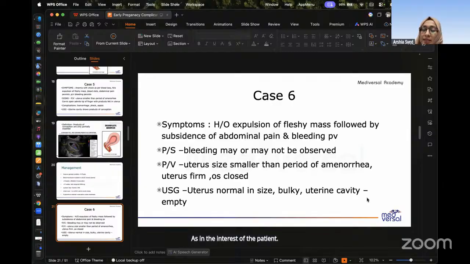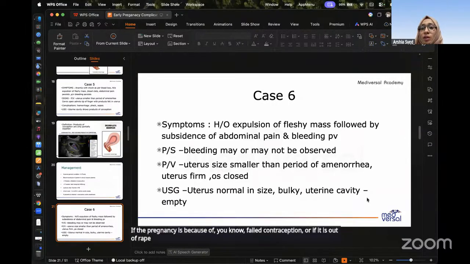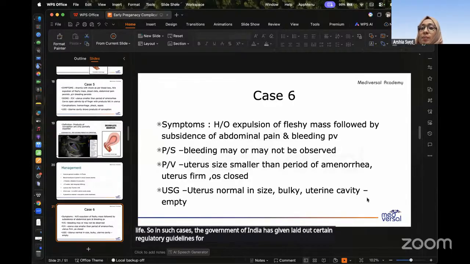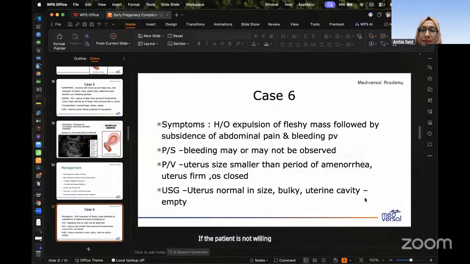If the pregnancy is because of failed contraception, or rape, or a pregnancy which is going to damage the mother's life, in such cases the Government of India has laid out certain regulatory guidelines under the Medical Termination of Pregnancy Act. So that is if the patient is not willing to continue the pregnancy. I'll just go through the slides as requested by Vajiha.